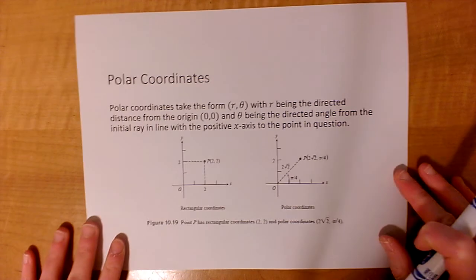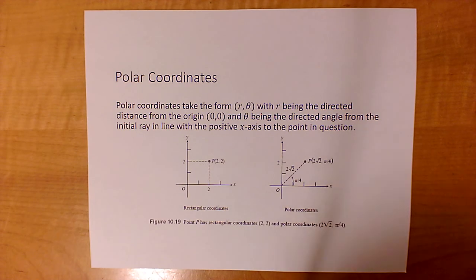So let's go on to polar coordinates. So polar coordinates, well, first off, what we want to say is that what you guys have worked with so far this year is rectangular coordinates, which you've known since pretty much second grade, and those are just x, y, and then parametrics.